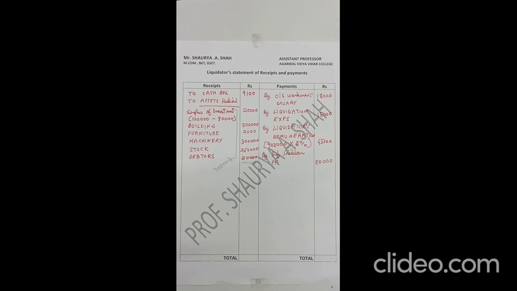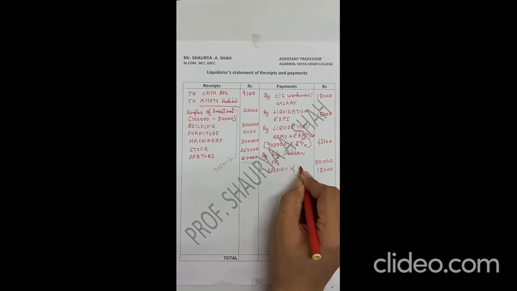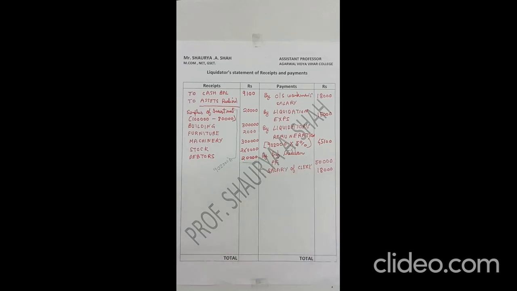Our threshold is 20,000 per clerk, that is per employee. So there is no issue. I will pay the entire 18,000 amount of salary of clerks at this stage, students, right?